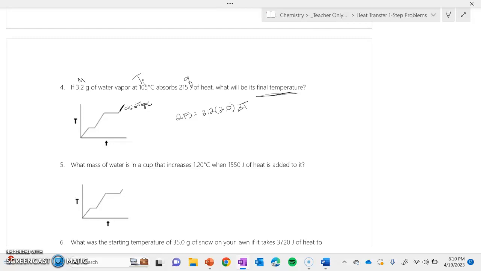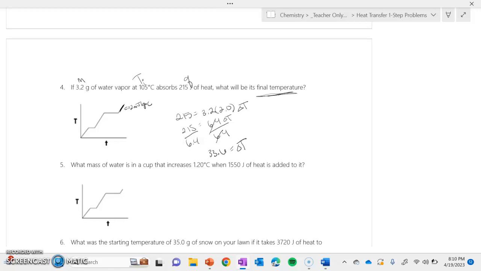So if we solve this guy for delta T, we will get, let's see, 3.2 times 2 is 6.4. And divide. And you get 33.6.